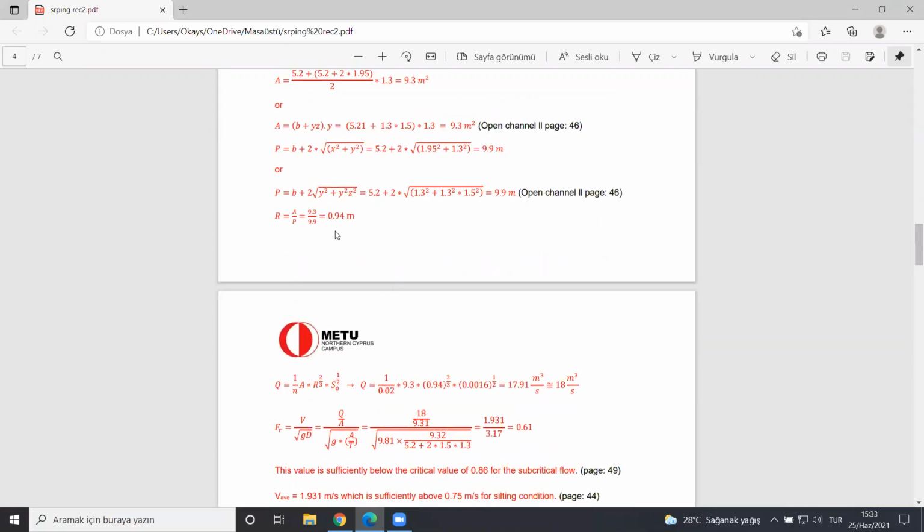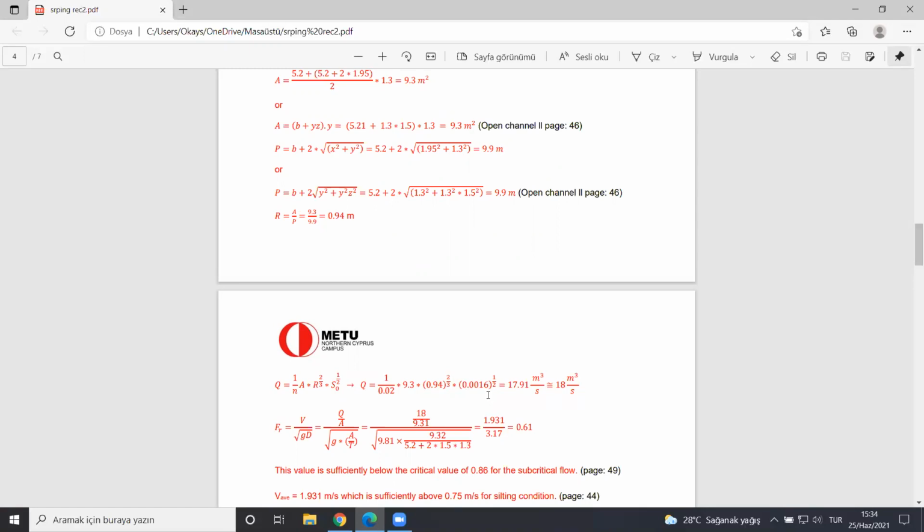Since we found all the unknowns, now we can calculate the discharge value easily. It is 1 over n times A times R to the power of 2/3 times the square root of slope. Of course, don't forget the powers. So basically, discharge is equal to 1 over n, where n is 0.02, A was 9.3. We find R as 0.94, and slope was 0.0016.